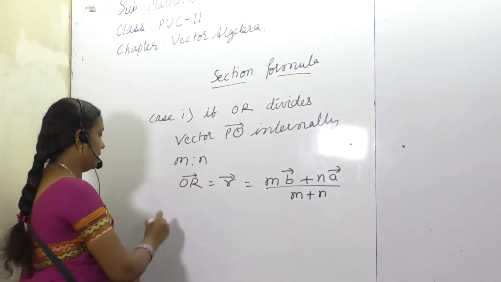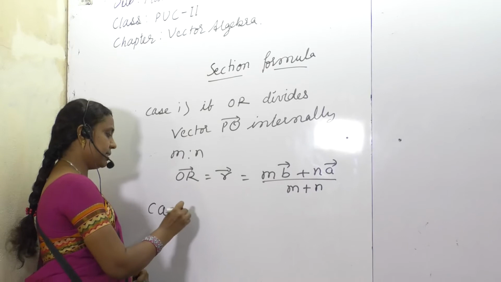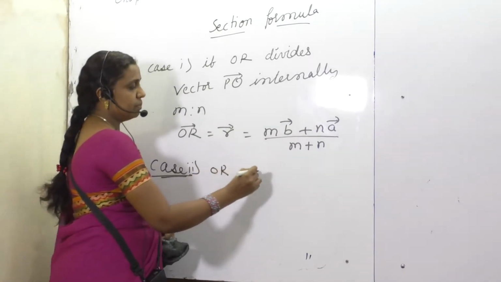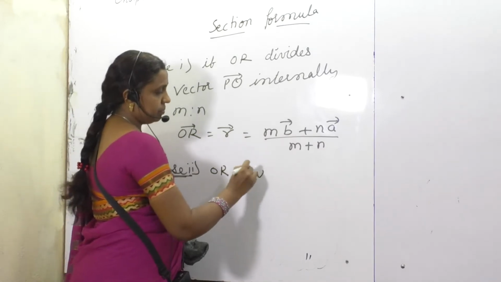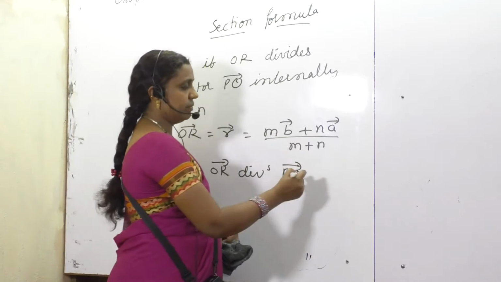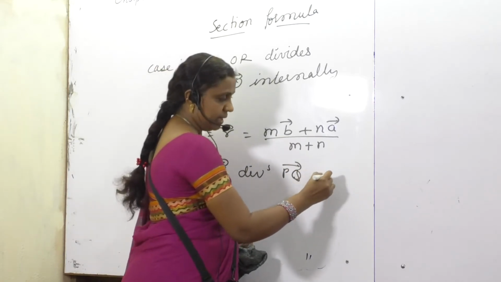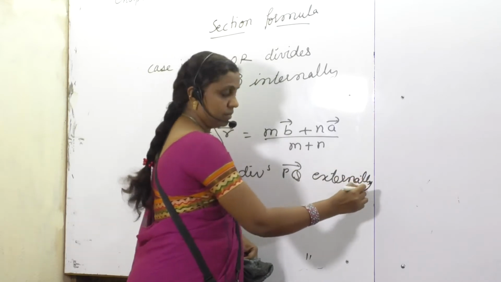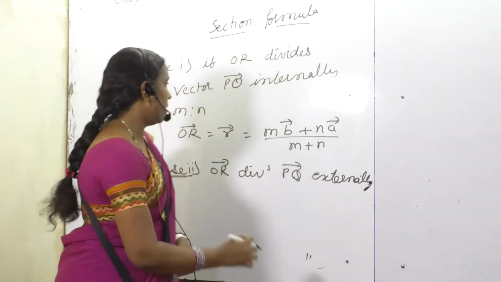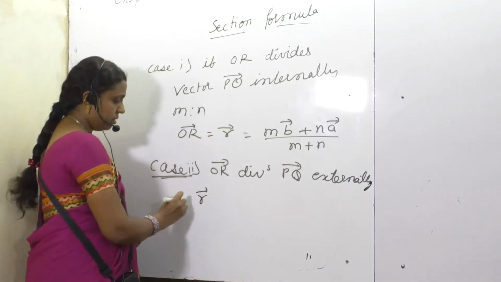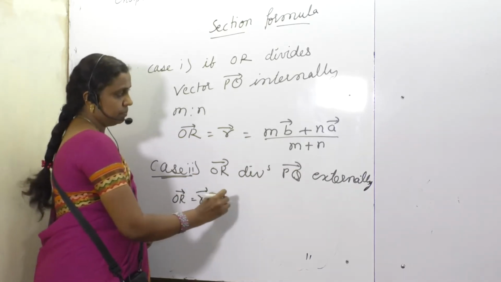Okay. So with respect to the next case, if the line OR divides PQ externally, OR vector divides vector PQ externally, then how can we find out the position vector OR by the formula?